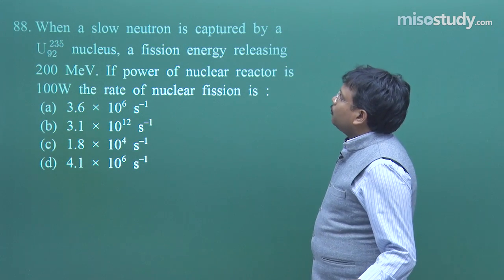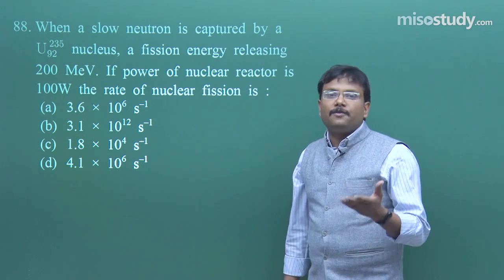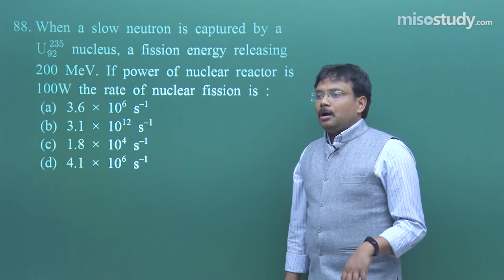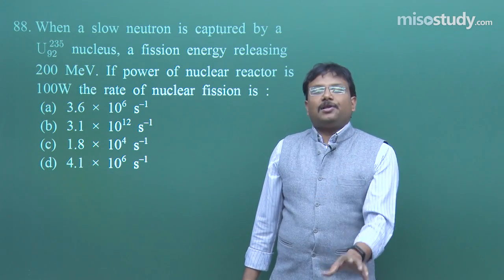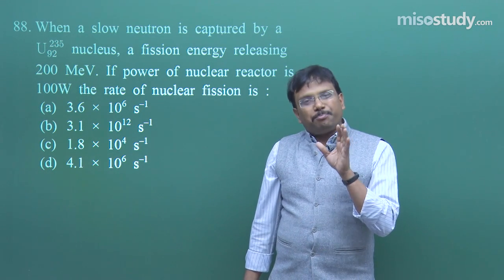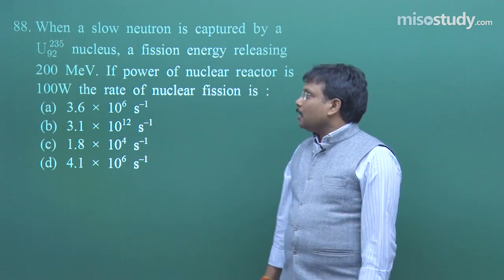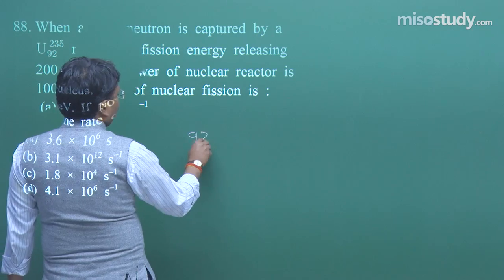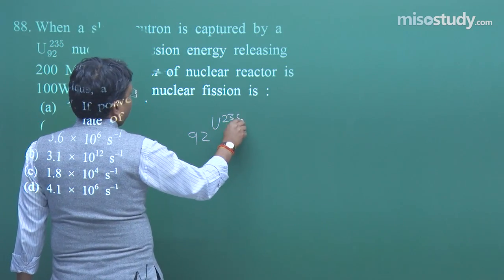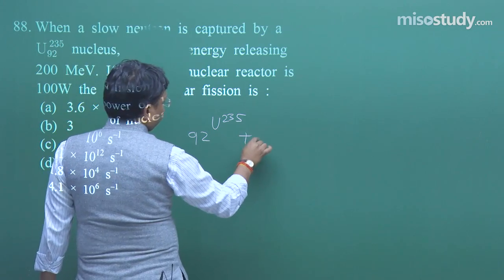After this, question number 88. When a slow neutron is captured by 92U235, basically it is a nuclear fission reaction, and slow moving neutrons are required for the process of nuclear fission to start, to initiate. You know what will happen? 92U235, right now I am not talking about the question, I am just telling you the process.